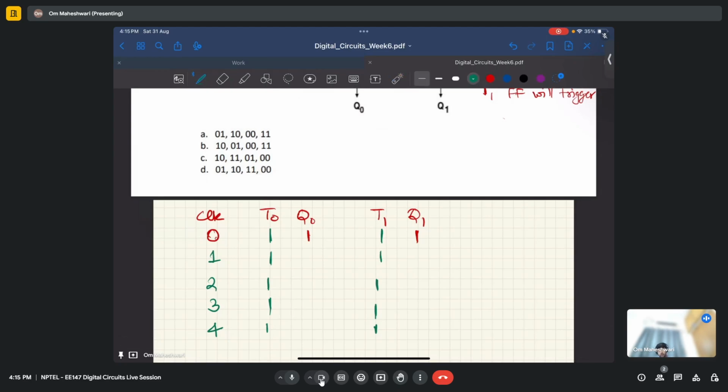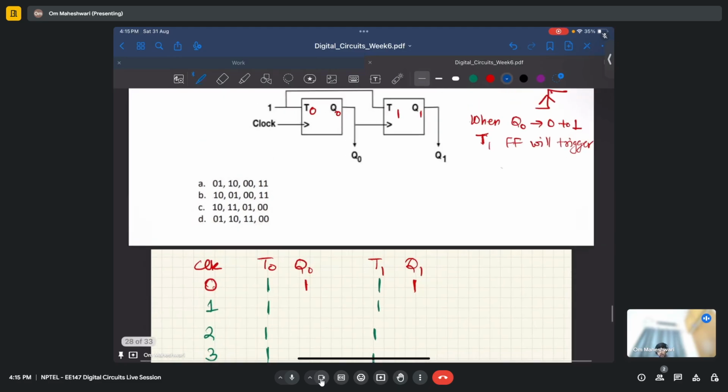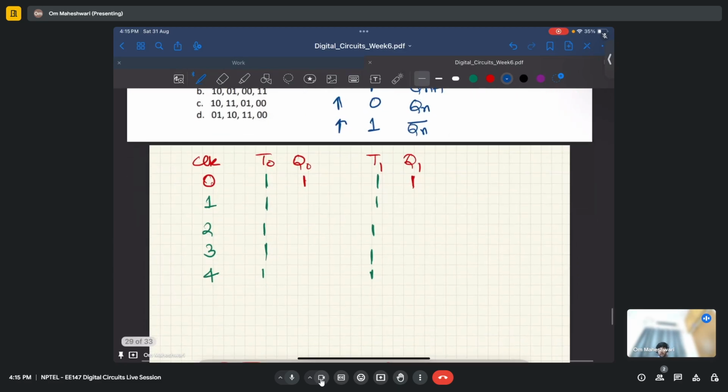So Q0 will always toggle in every cycle. The clock is directly here, so at every clock cycle Q0 will toggle. As in a T flip-flop, whenever a positive clock edge occurs, if T equals 0, the output remains as Q. If T equals 1, it goes to Qn bar. So it will always go to Qn bar.